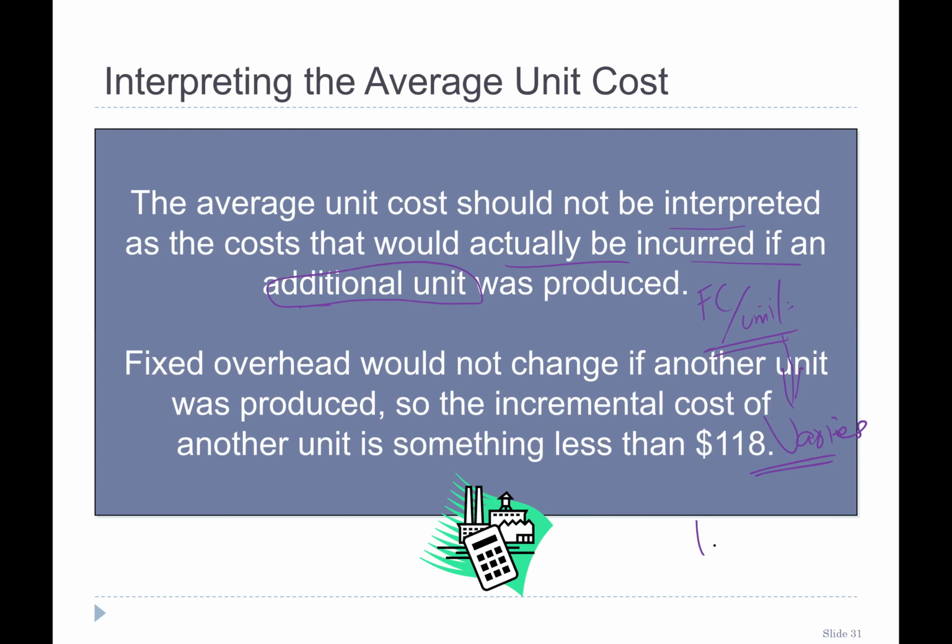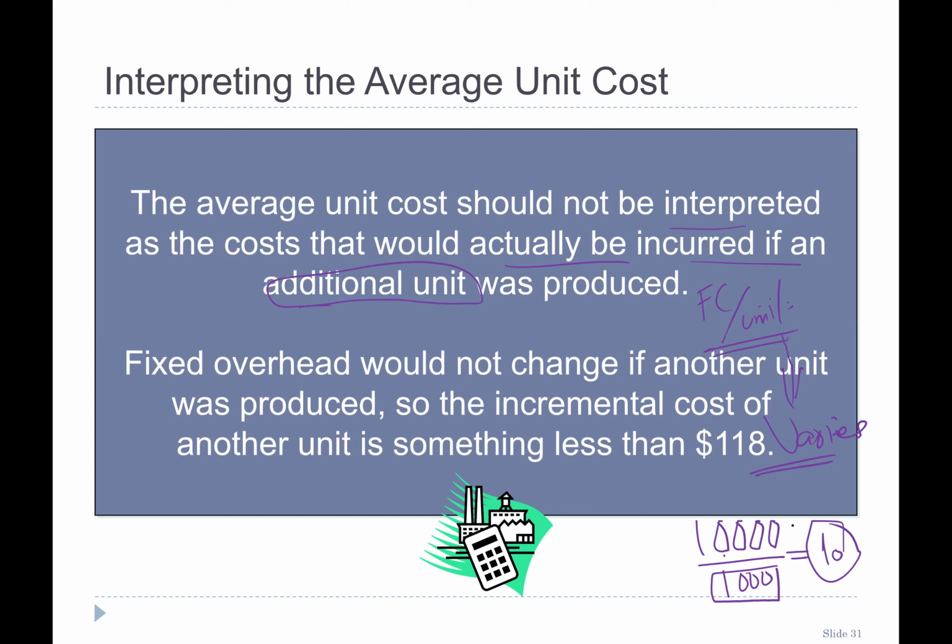For example, if your fixed cost is 10,000 and you are making, for example, 1,000 units, the per unit fixed cost would be 10. This per unit fixed cost holds only if you are making 1,000 units.